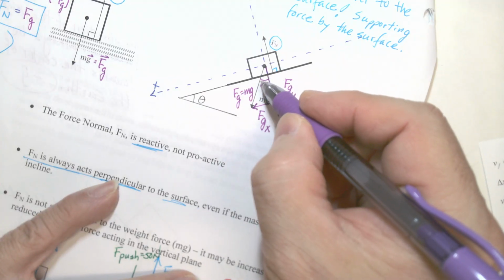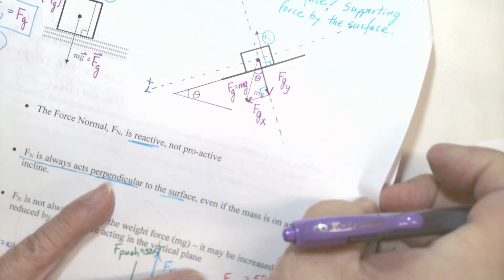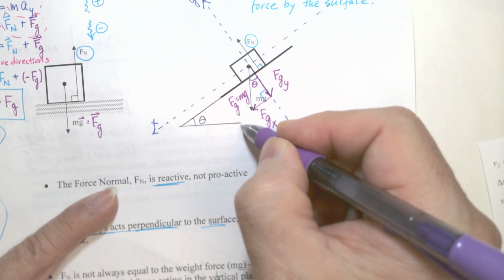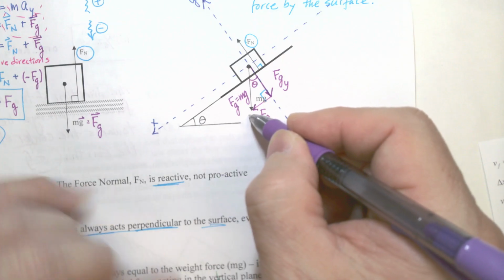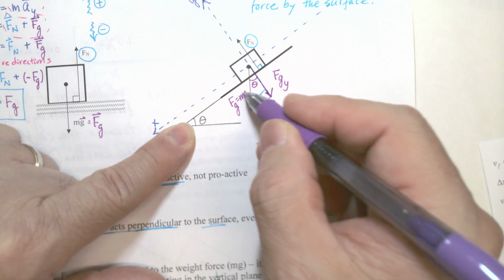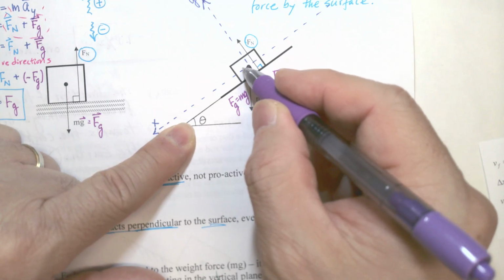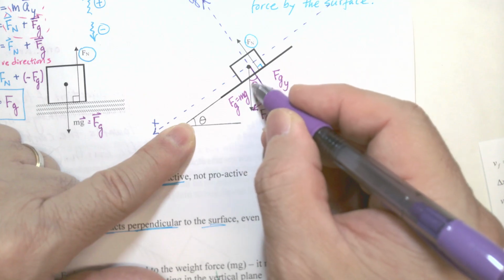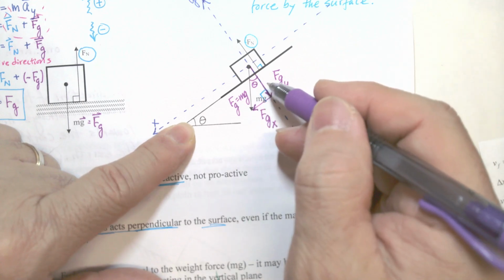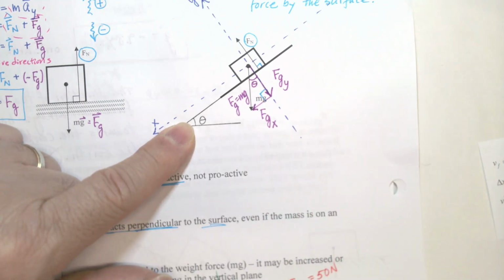If I were to extend this FG straight down, this is a right angle then. Yes? Then this is the complementary angle of theta, right? Well, if this is the complementary angle of theta and this is a right angle, then this has to be theta. So we proved it. So now we can use it.